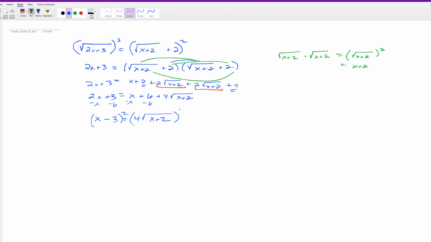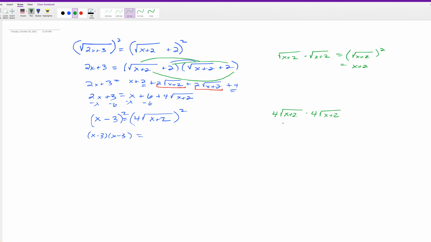So that means I multiply x minus 3 by itself. So that will be FOILed. And then this. So really what happens here is, just kind of as an aside, because I want to make sure this makes sense. When I multiply 4 root x plus 2 times itself, because that's what it means to square, notice there's no other operation here. This is all multiplication. 4 times this times this times this. So everything just gets multiplied together.